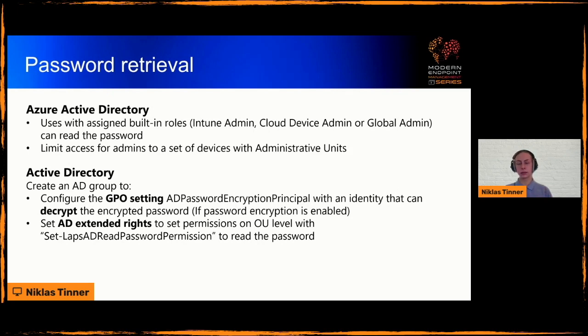But attention, this is only applicable if you enable password encryption as a feature in the new Windows LAPS. Then we also need to set the extended rights. This was also known from the legacy LAPS, on the organizational unit level, and with that cmdlet you can set the rights to retrieve the password. Now, if you have password encryption enabled, you need to do both of them.